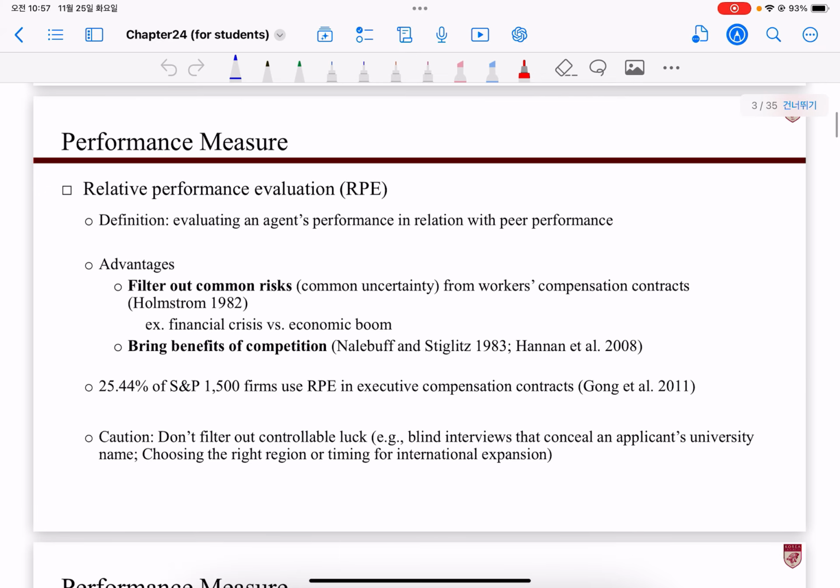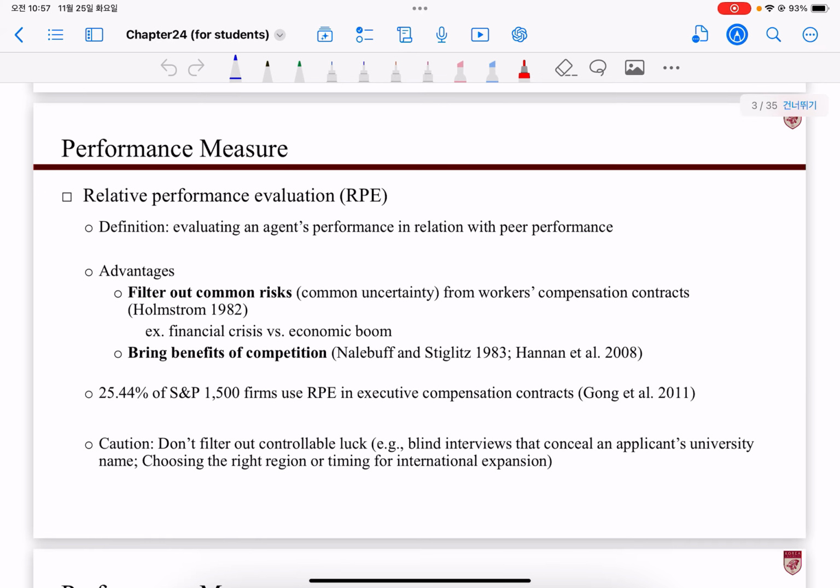Okay, so broadly speaking, financial versus non-financial, we've talked about it. And now we're going to talk a bit about what types of evaluation method there are. One of them is called the relative performance evaluation, or the RPE.